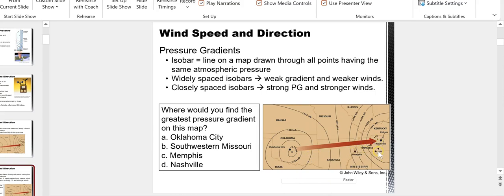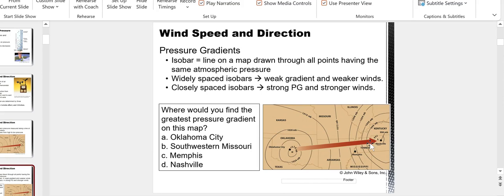The more closely your isobars are together, which means you have a huge change in pressure, it means that your wind is going to speed up. So now we realize that pressure gradients are responsible for where the wind moves, so the direction of the wind.